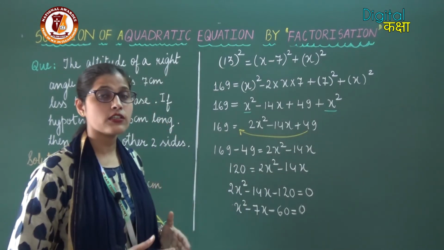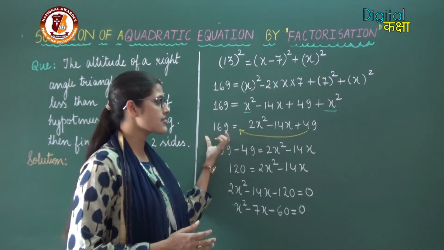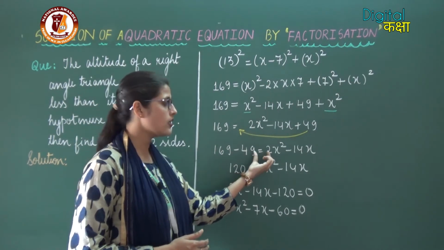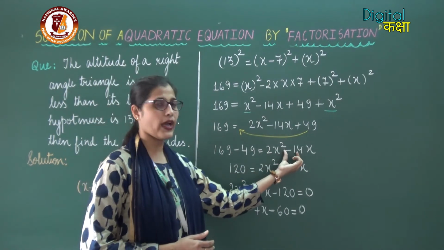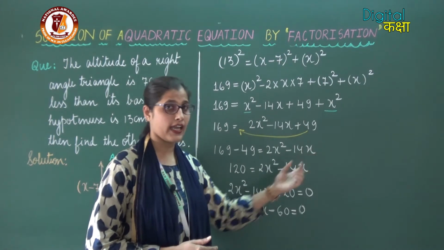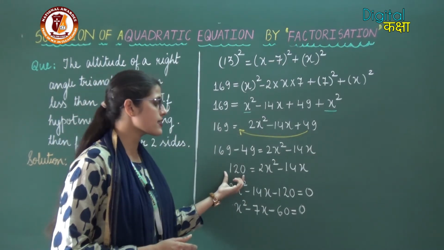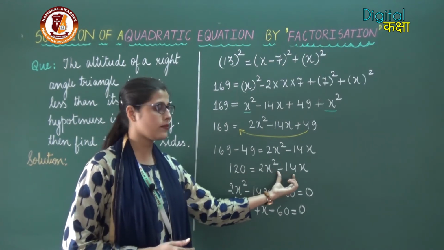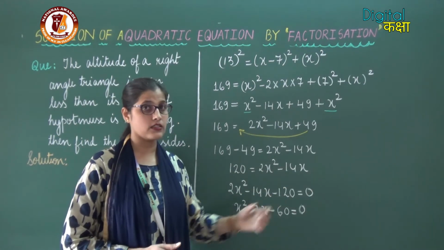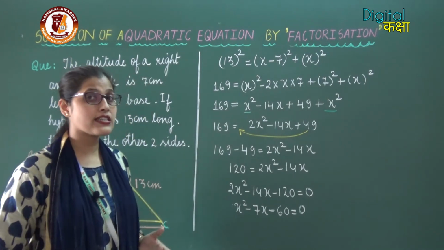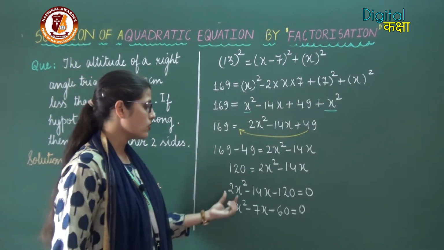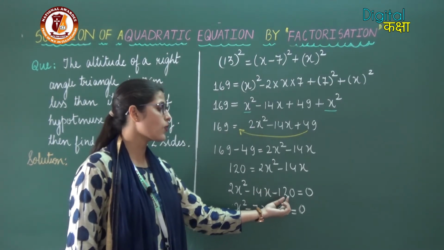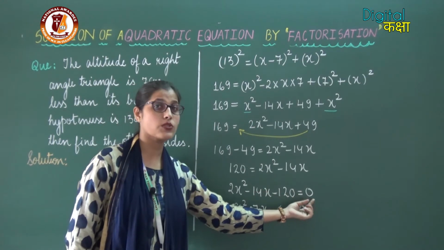We will shift the constant to the left hand side. So 169 minus 49 equals 2x square minus 14x. Now the difference is equal to 120, which is equal to 2x square minus 14x. So the quadratic equation is 2x square minus 14x minus 120 equals 0.